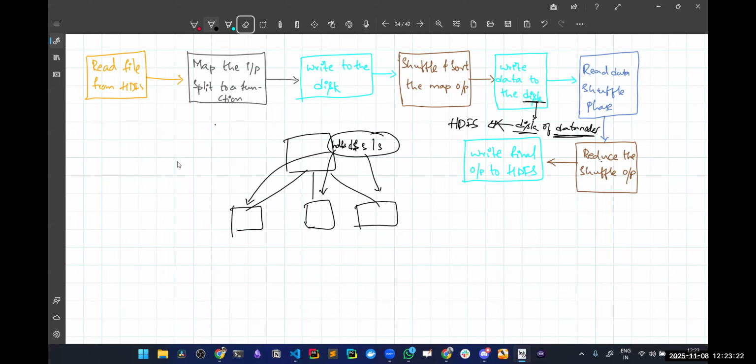Right. This individual node is again a normal Linux box.